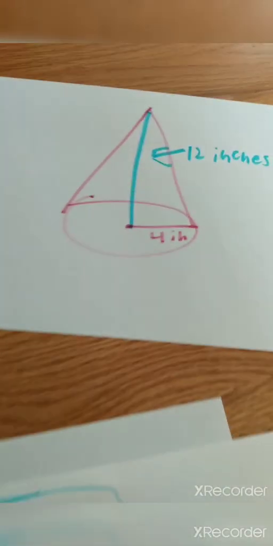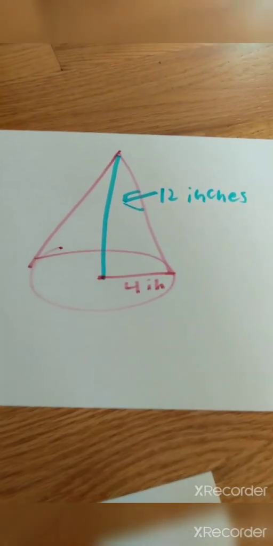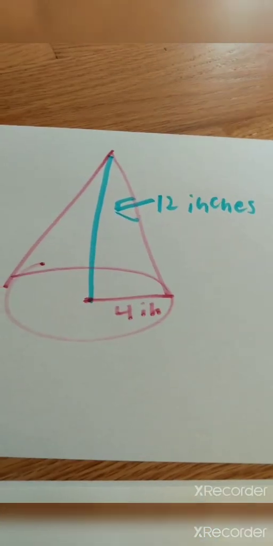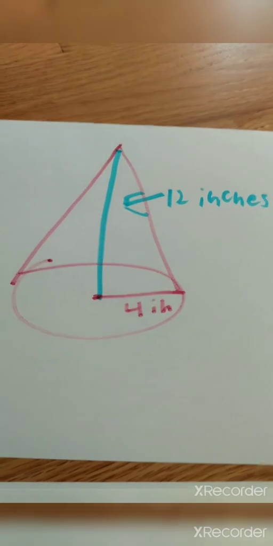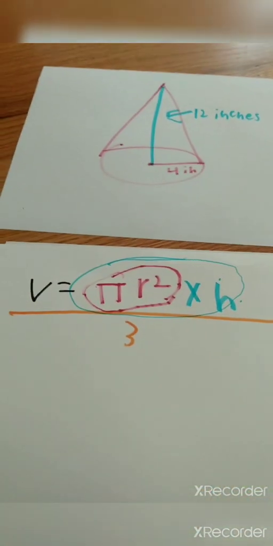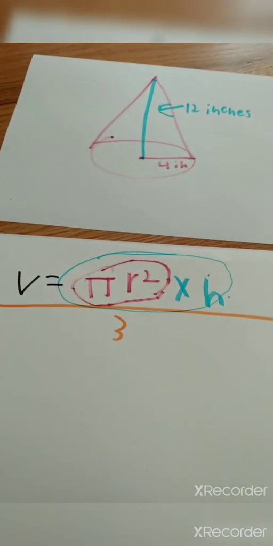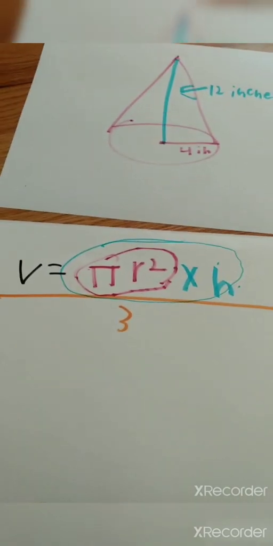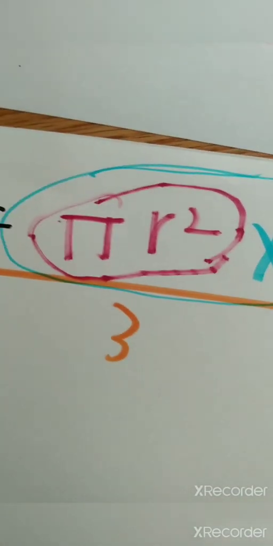Let's get back to the math problem and figure out what the volume of this cone is. We have 4 inches for the radius and 12 inches for the height. The formula for volume is pi r squared multiplied by the height divided by 3. So our first step is to find the area of the circle, and the formula is pi r squared.